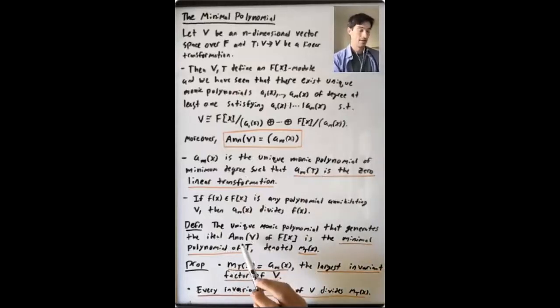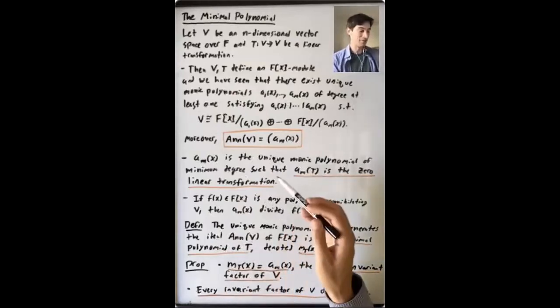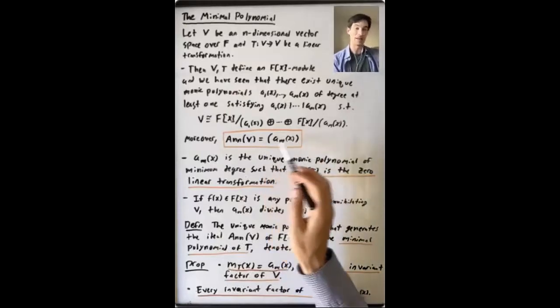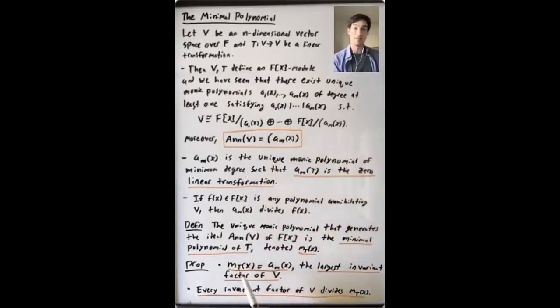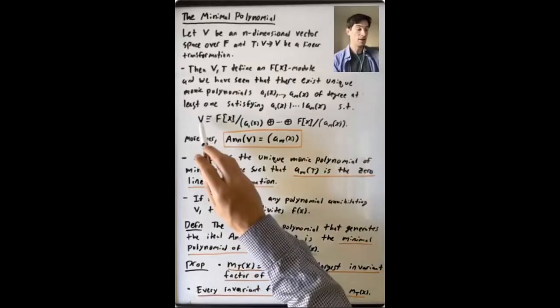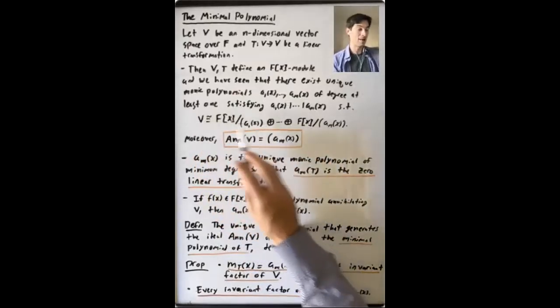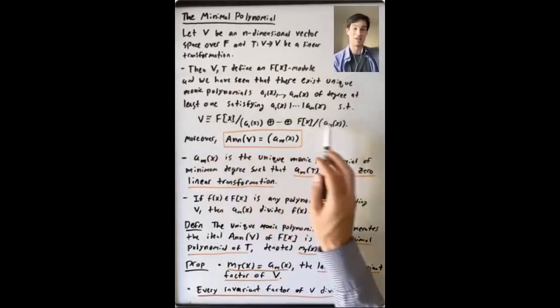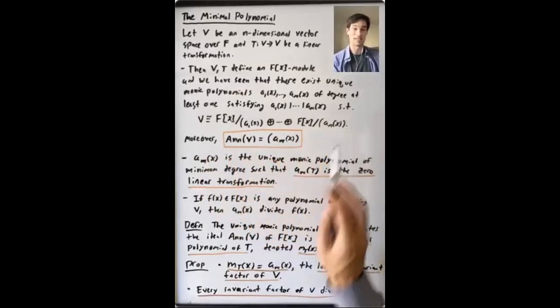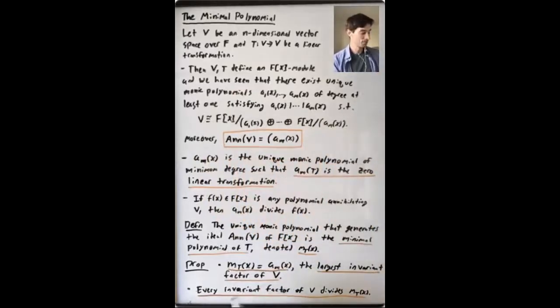So this definition immediately leads from this observation right here, applying theorem 5, to the fact that the minimal polynomial of this linear transformation is am(x). It's the largest invariant factor of the decomposition of V in terms of these invariant factors, this direct sum of these cyclic F[x] modules.